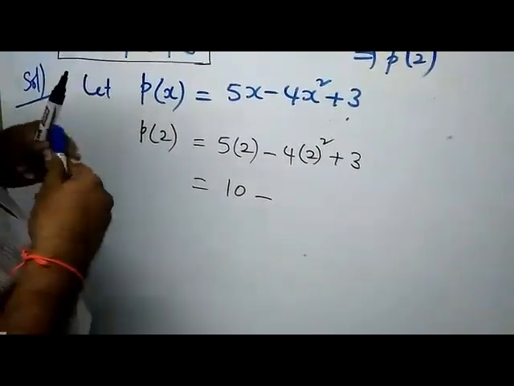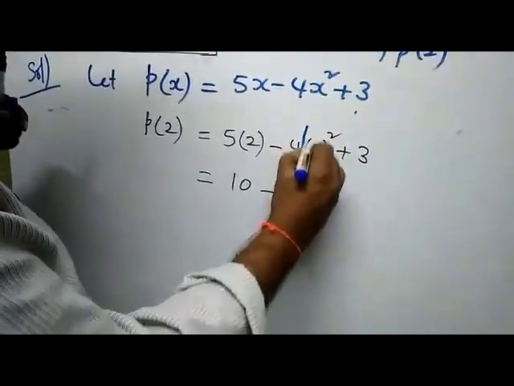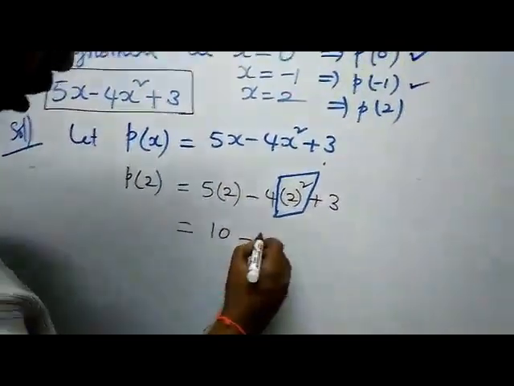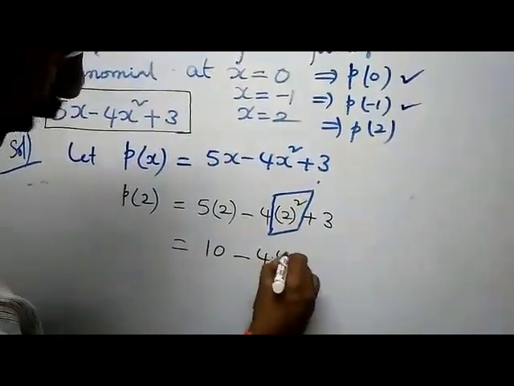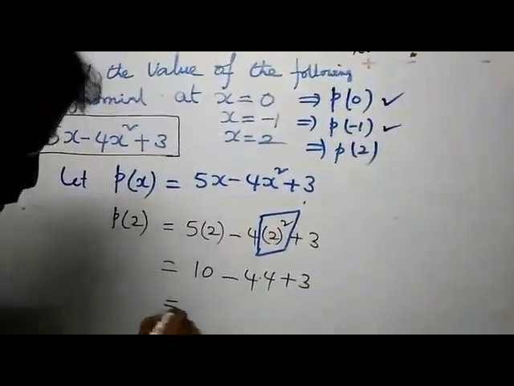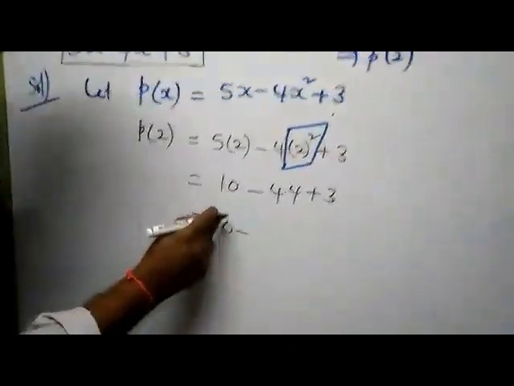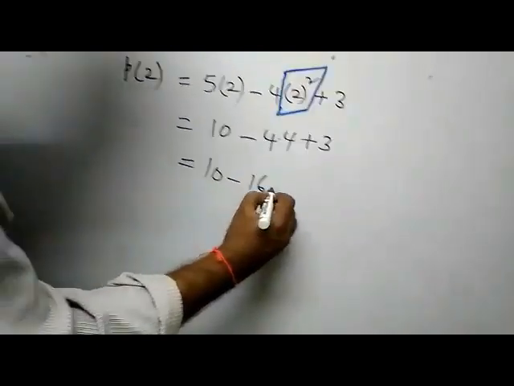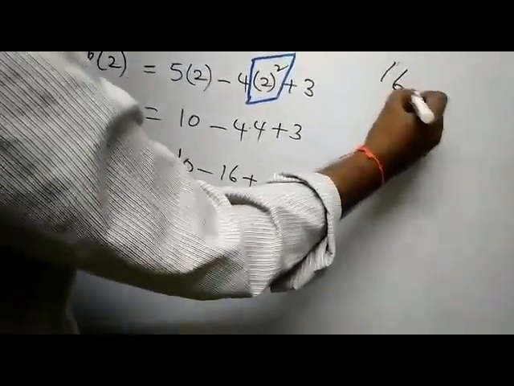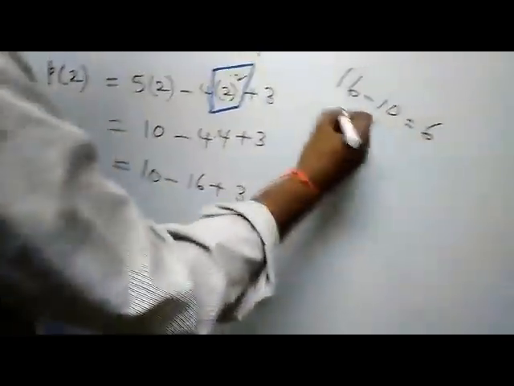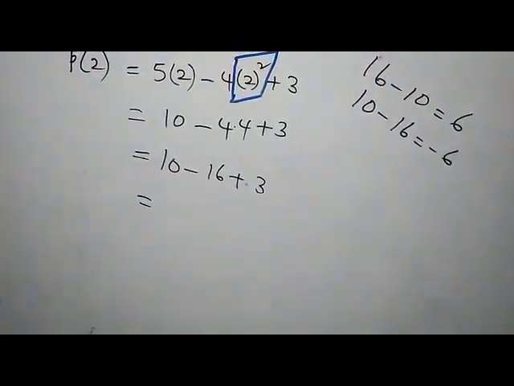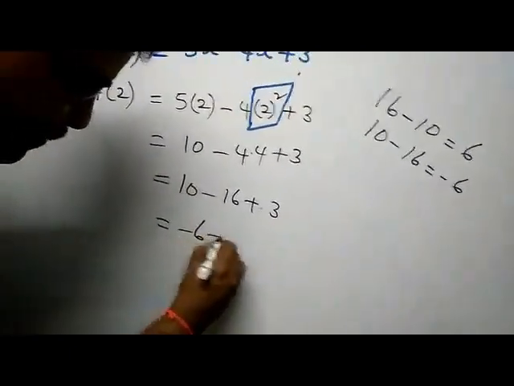First we should simplify the exponential number 2 square. 2 square value is 4. So 4 into 4, we can keep a bracket, no problem. 4 4s are 16, plus 3. 10 minus 16 is equal to minus 6. Minus 6 plus 3.